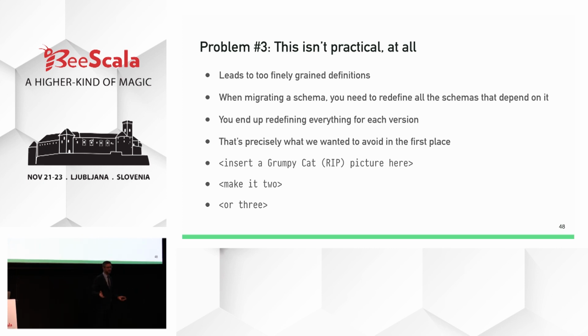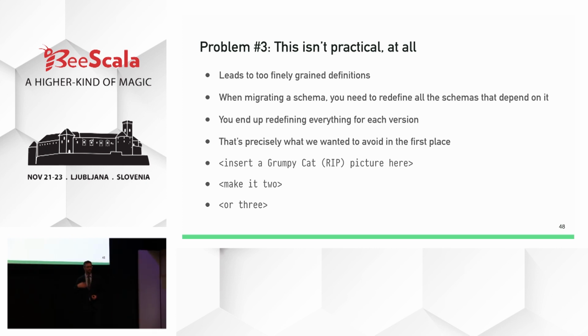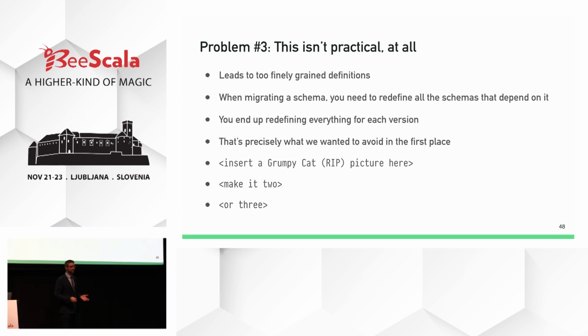And so in the general case, for migrations, you end up rewriting your old model, your old schema, for every version. And that's exactly what we wanted to avoid. So it was big frustration. And grumpy cat picture, and so on.